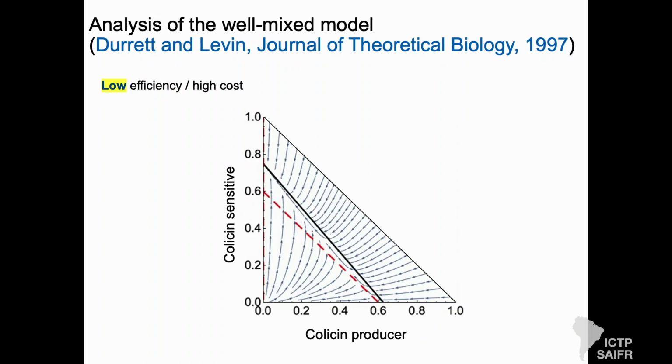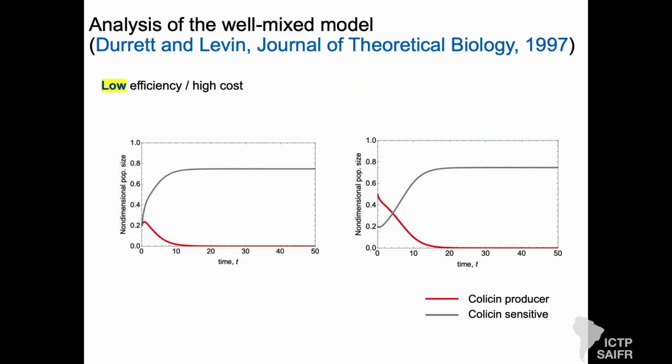So basically, you already see that this fixed point is unstable, and whenever you start, you always go to the exclusion of the producing bacteria and dominance of the non-producing bacteria, which is the scenario that we don't find in the experiments, because it doesn't make any sense that I invest into a behavior that is aimed to kill that doesn't kill. That's not evolutionarily stable. Perfect. And this is the result that we got.